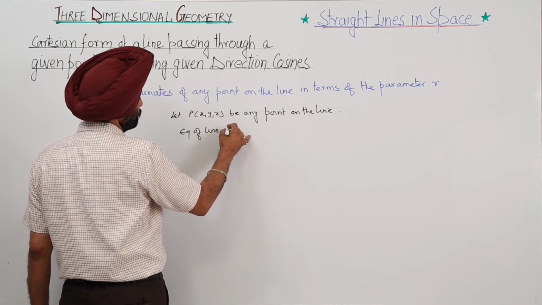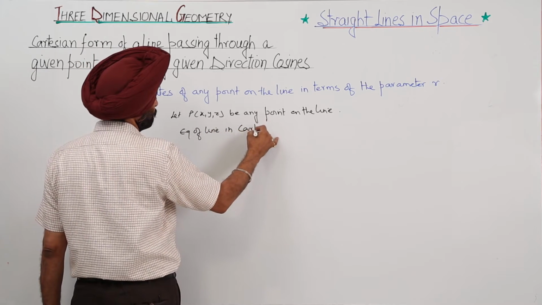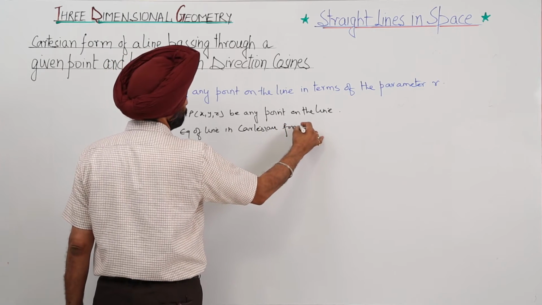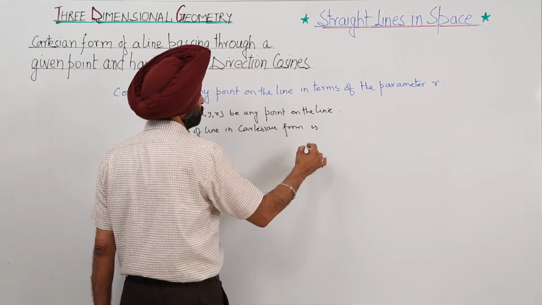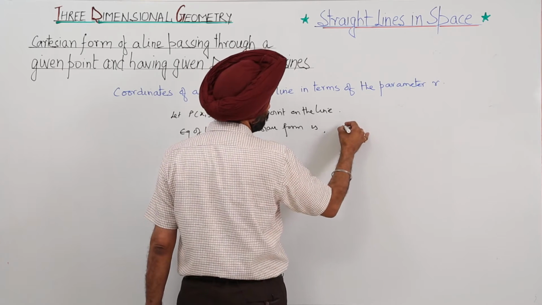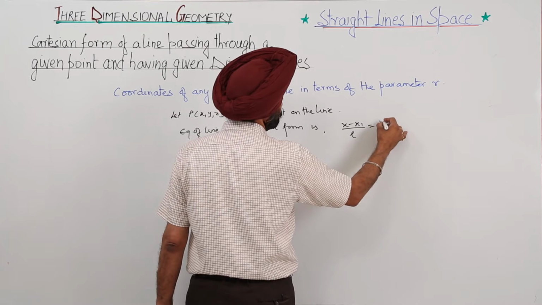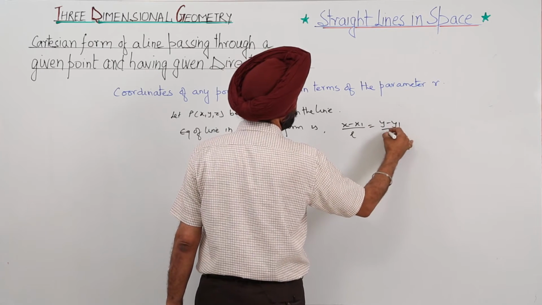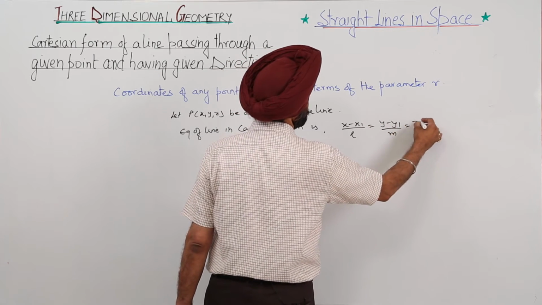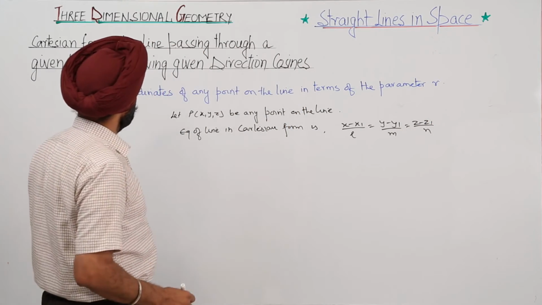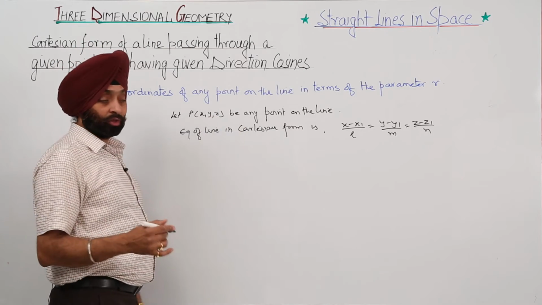The equation of the line in Cartesian form is (x minus x1)/l = (y minus y1)/m = (z minus z1)/n. Now we are having coordinates of any point on the line in terms of the parameter r.